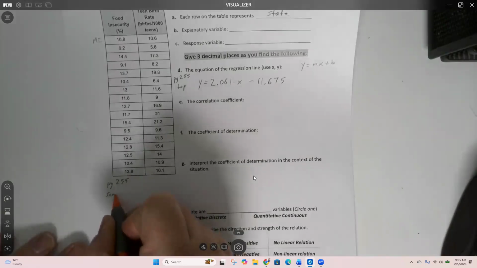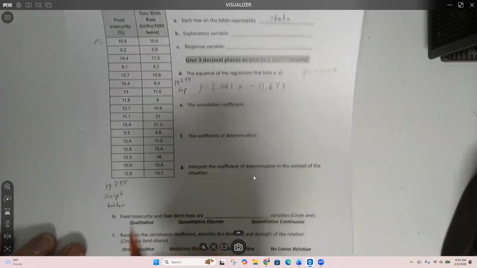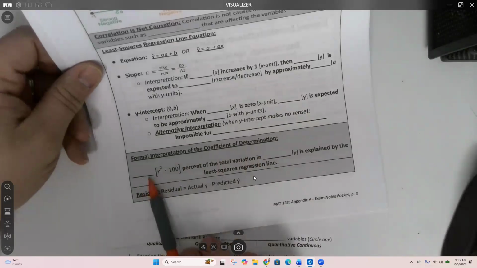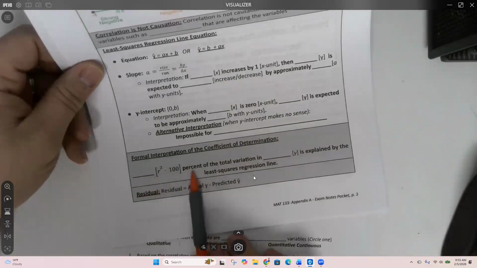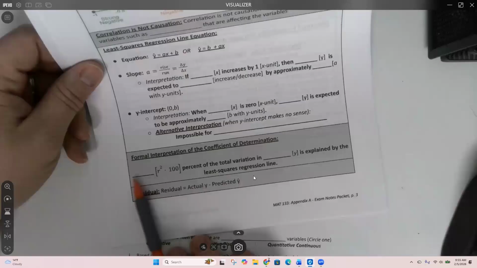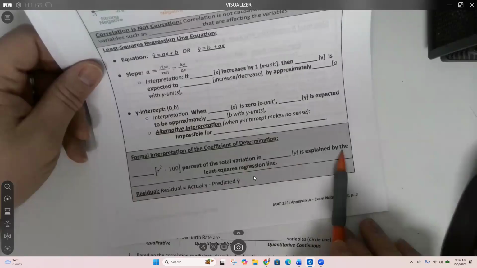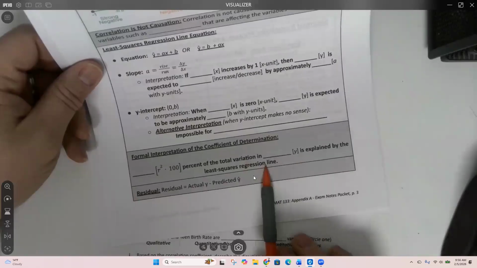There's a script for that at the bottom. It says formal interpretation of the coefficient of determination. You write out what R squared is, but you write it as a percent. And you say that percent of the total variation in, and then you write out what Y is, is explained by the least squares regression line.